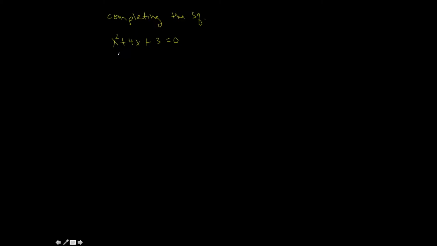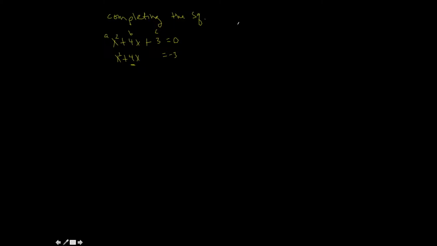Okay, so first things first, with complete the square, move the constant to the other side. Secondly, look at this number. This is our b. Remember, this is a, b, c in a quadratic equation.